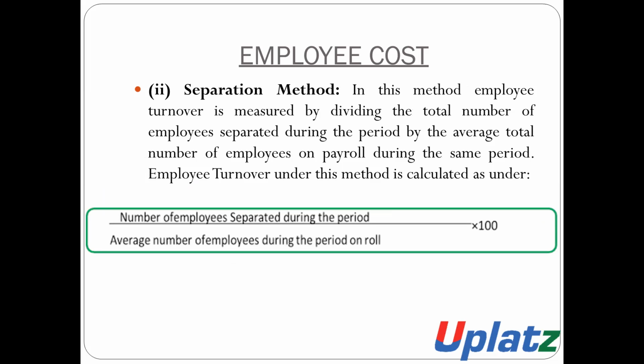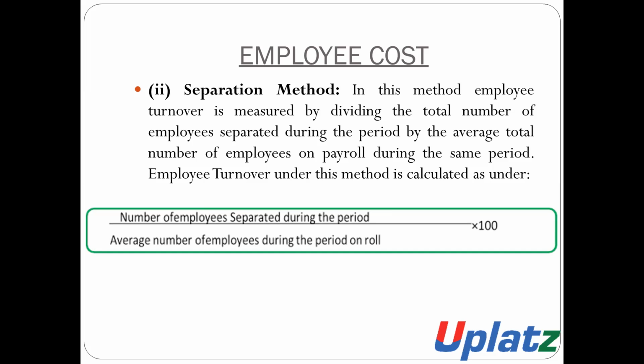In this method, employee turnover is measured by dividing the total number of employees who are separated during the period by the average number of employees on the payroll during the same period.